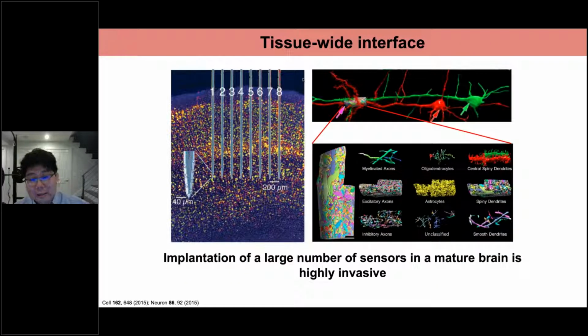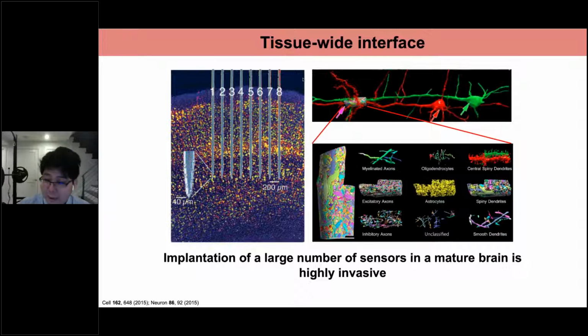This is a very nice EM picture made by Professor Jeff Lichtman at Harvard that looks at those cellular structures at the nanometer resolution. Basically, he found that all the neurons are innervated at the nanometer level.